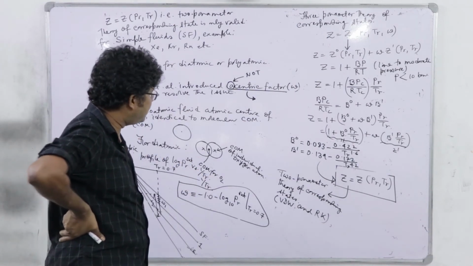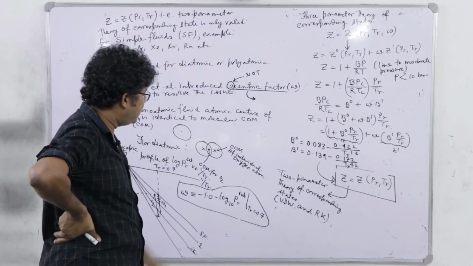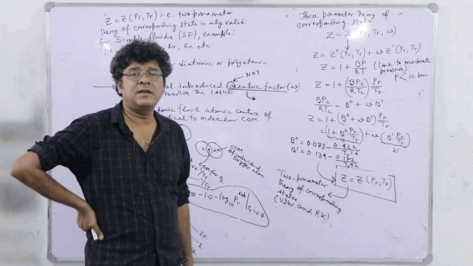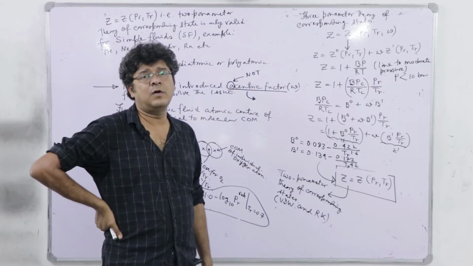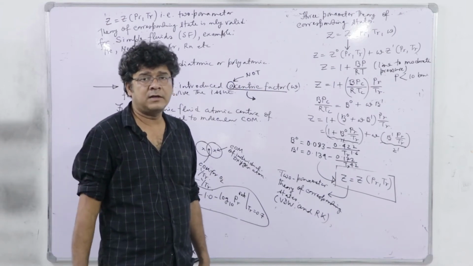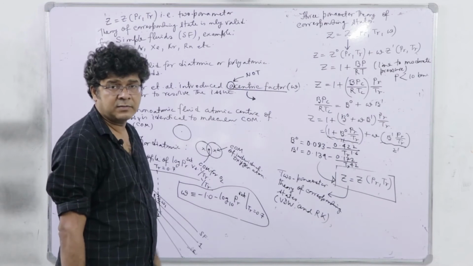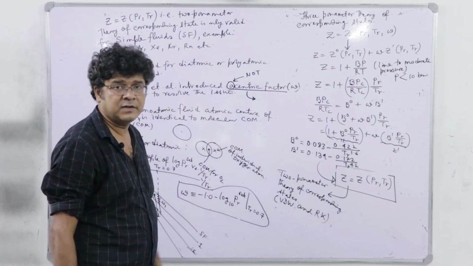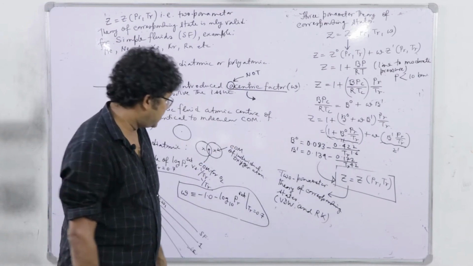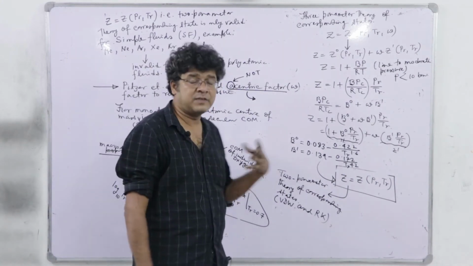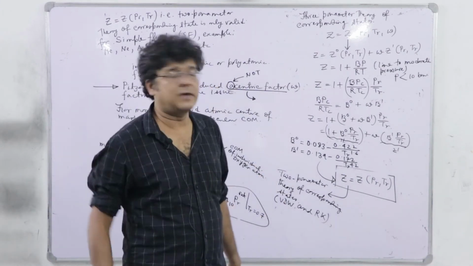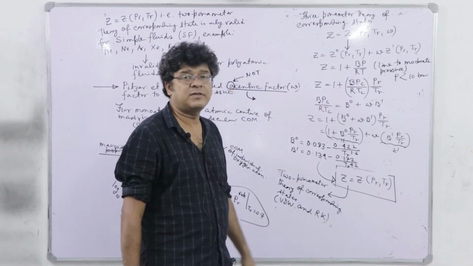Now you see, if you know the reduced pressure of a gas and you are given the Antoine coefficients A, B, C, you can calculate the acentric factor of that gas. Reduced pressure and reduced temperature are both needed, because knowing the critical pressure and critical temperature both are needed.